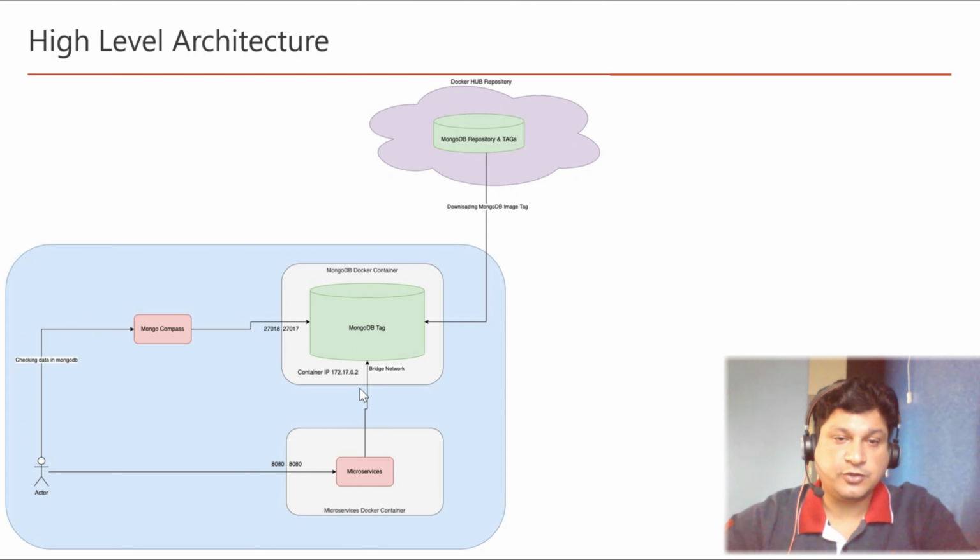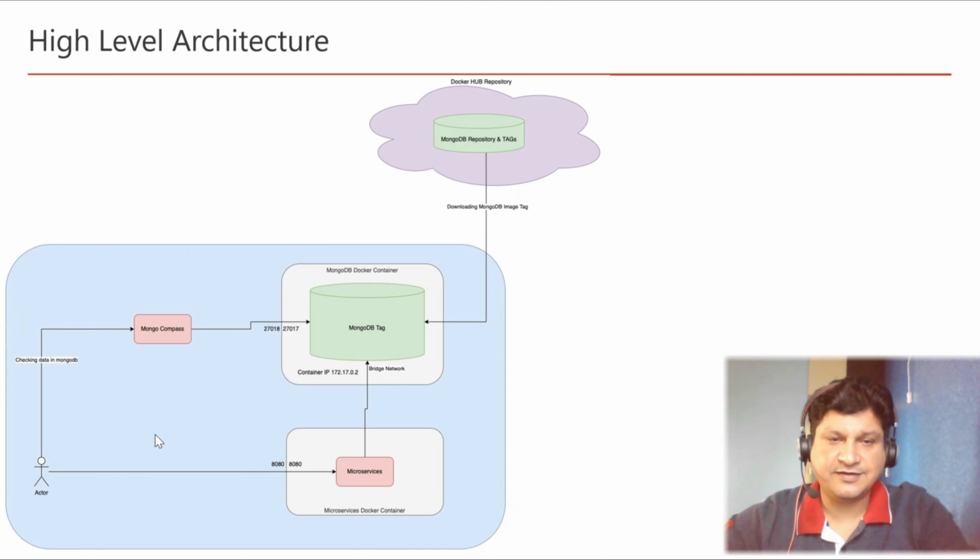Then it will connect to the MongoDB running in a Docker container through a bridge network. This is a bridge network link that exists between the containers, and this microservice will access this database through this bridge network. Finally, once the microservices are up, we will test these microservices on these ports through our Postman tool running on our local machine.